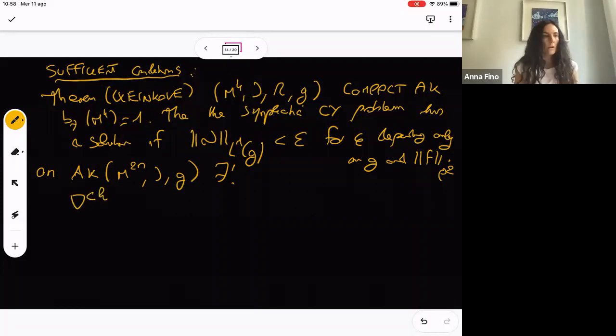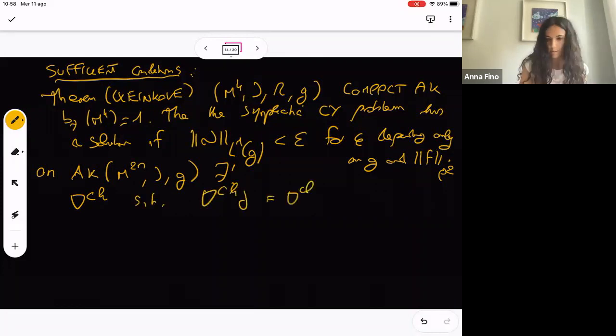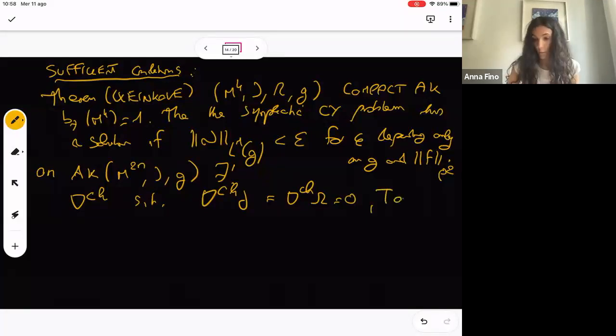Canonical is also called, such that it preserves J, preserves the symplectic form, and then the metric, and one part of the torsion of our connection is 0.